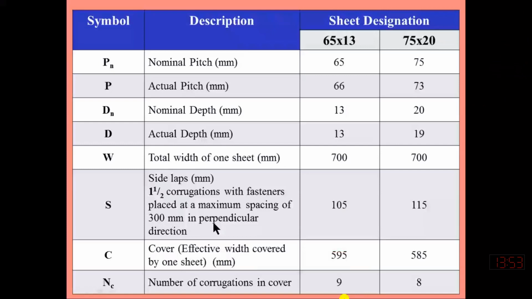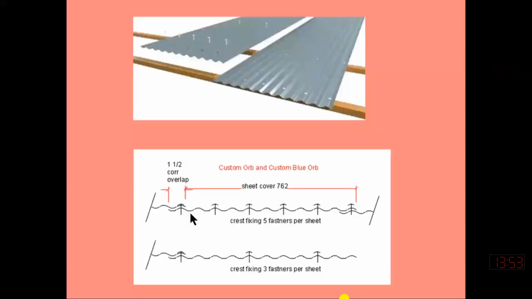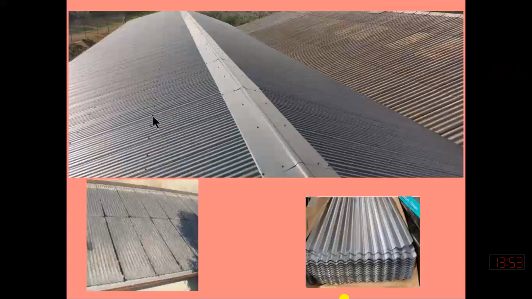So what I want to say is that at the end, for example, this is the end of one sheet, this is the other end. We are connecting, and also along the center, we are connecting with fasteners to the purlin. At the bottom is the purlin here, with the fastener spacing around 300 millimeter or less, just like in this slide also.